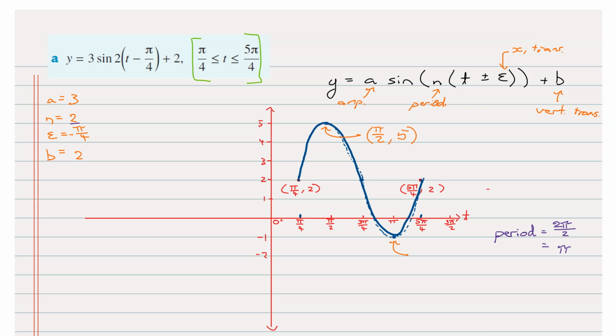The minimum down here, this is at pi radians, and it is at negative 1 on the y-axis, which I should have included there. And then finally this turning point here, or this point of inflection, this is going to be at 3 pi on 4. And it's also going to be at b, or 2.